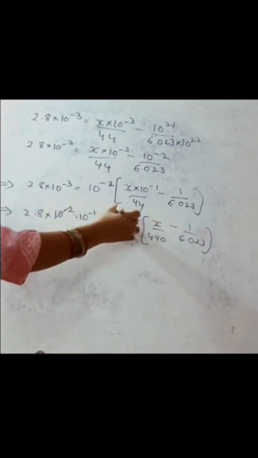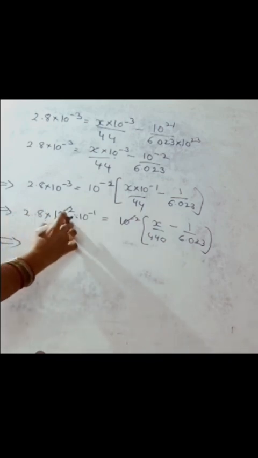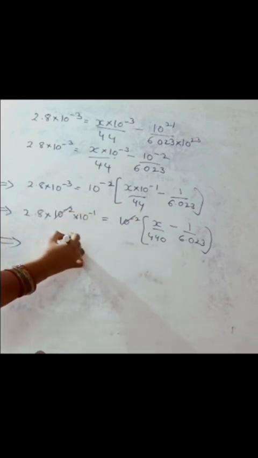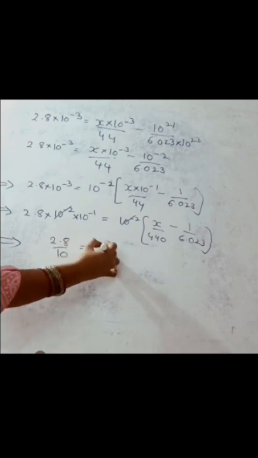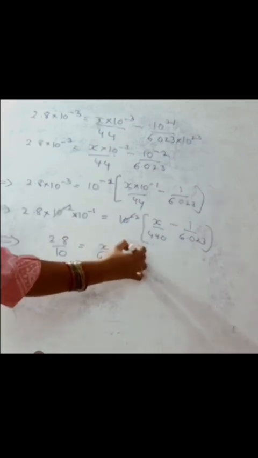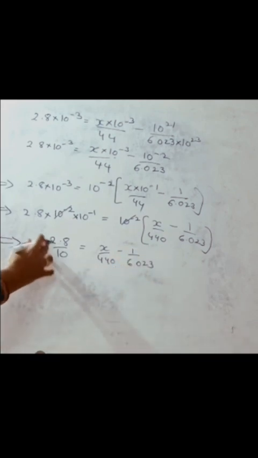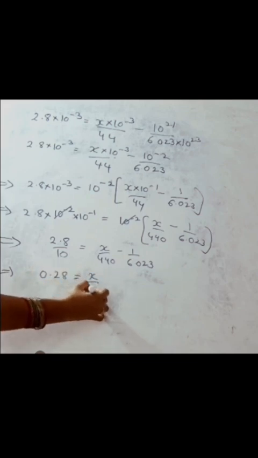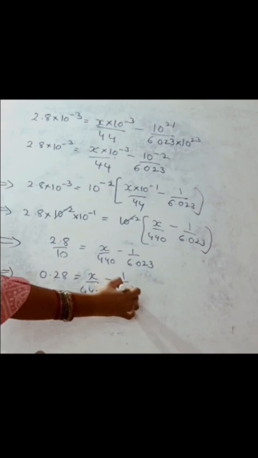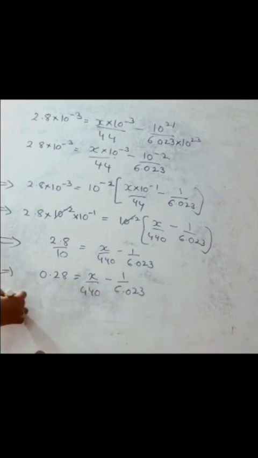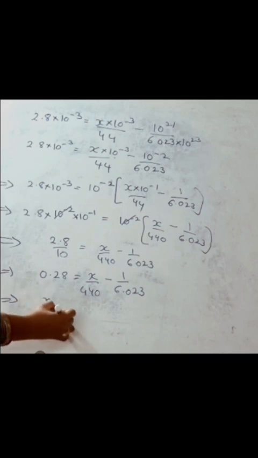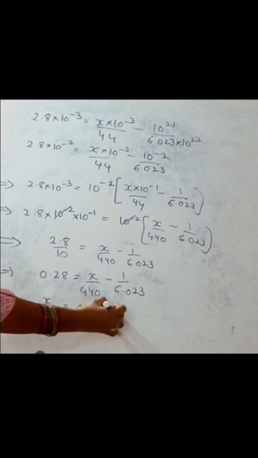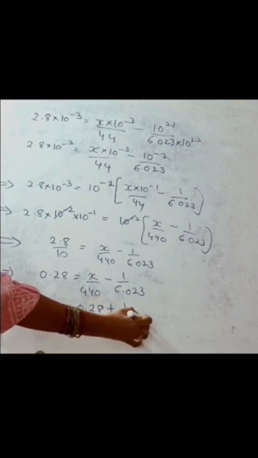The 10 power minus 2 cancels. So 2.8 into 10 power minus 1 means 2.8 by 10, which is 0.28, is equal to X by 440 minus 1 by 6.023. That implies X by 440 is equal to 0.28 plus 1 by 6.023.